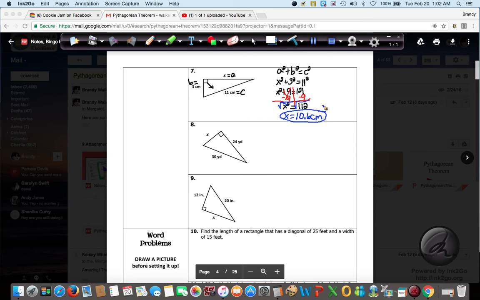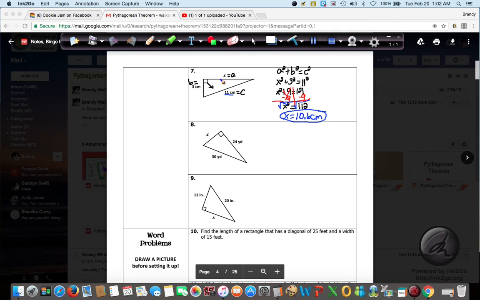Something that can help you when you're doing these is you must make sure that your legs are always smaller than your hypotenuse, right? We said that side C, the diagonal, is always going to be the biggest number and the longest side.